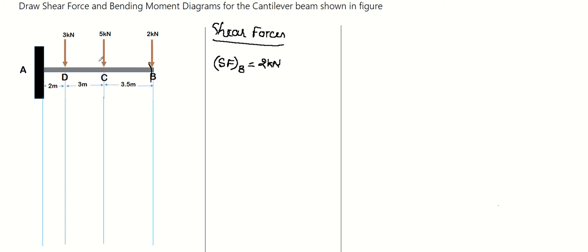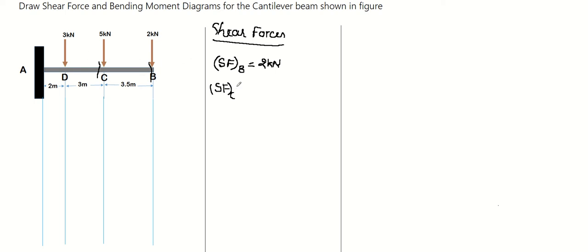Now I'm shifting my section here. So now I have two points, two loads. Shear force at C: as I am coming from right to left, I need to find the sum of all the forces on the right of the section I have drawn.